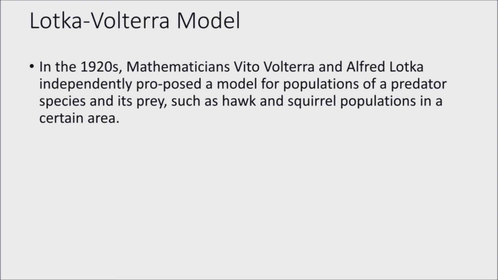So the mathematicians are the ones, the pioneers of modeling and things like that a long time ago. These are the ones who proposed this model, and we are looking at the example of hawks versus squirrel population in a certain area. So remember the name, Lotka-Volterra model. That's what we're going to look at.